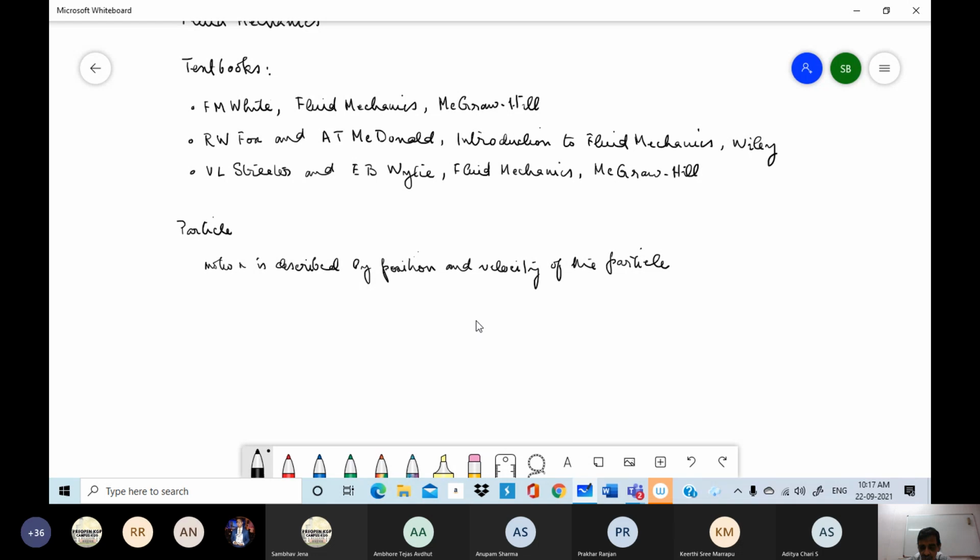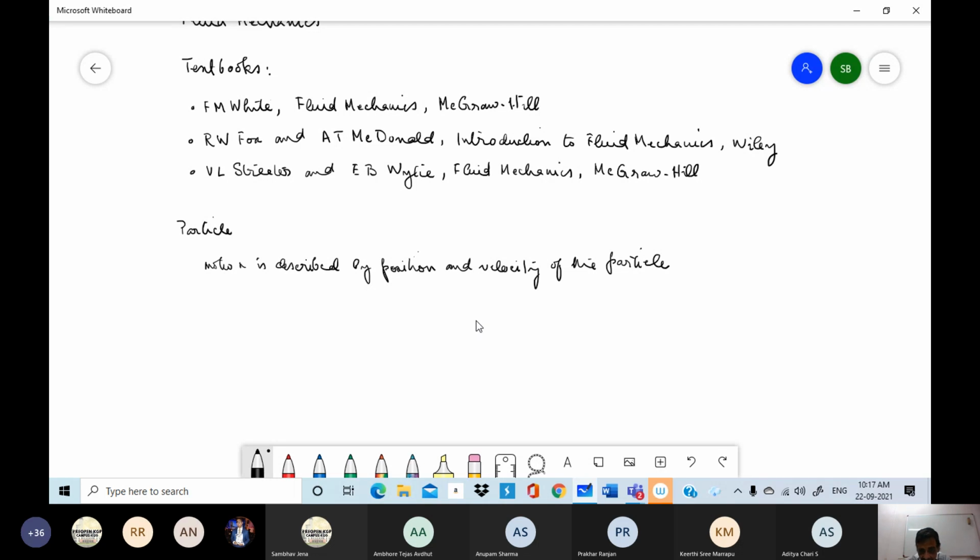If you know the position and the forces acting on it, which may be a function of position, then you know the acceleration. So Newton's law tells you that.